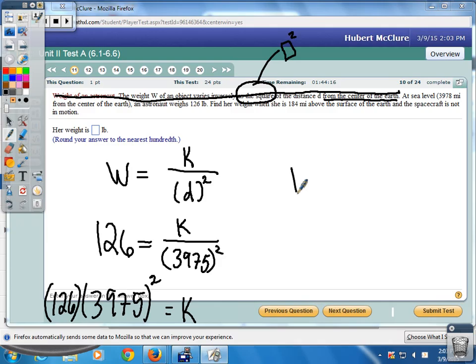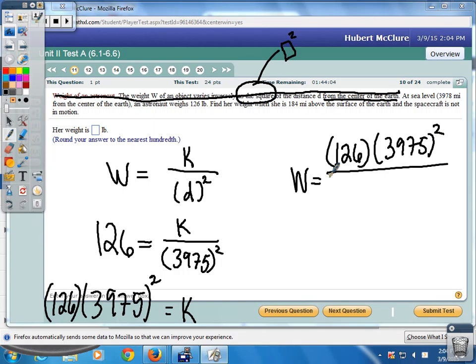So W is equal to 126 times 3978 squared over distance squared, which is going to be 3978 plus 184, squared. Now somebody crank out this math.